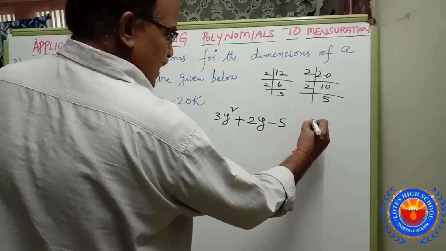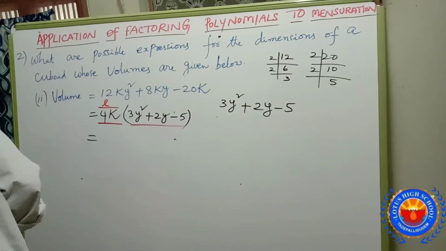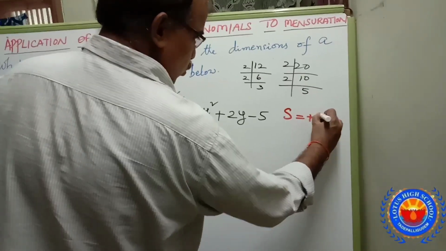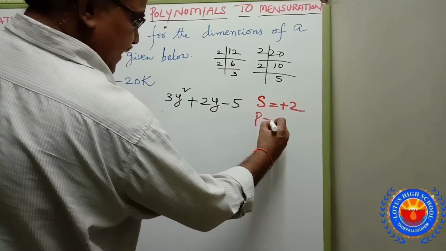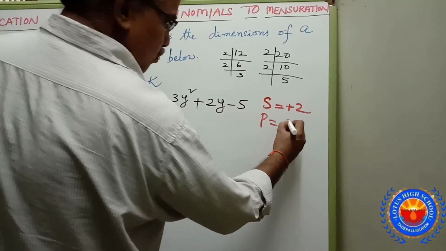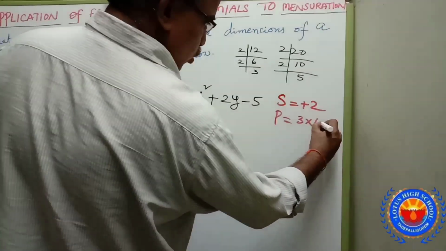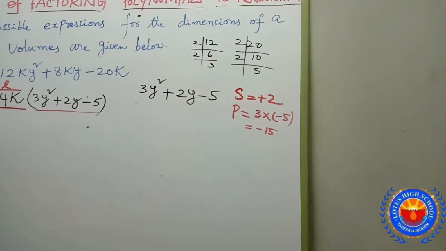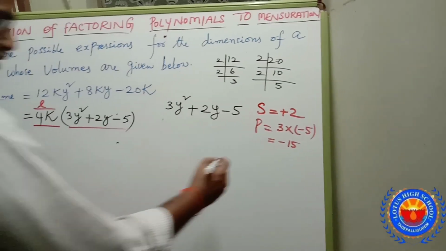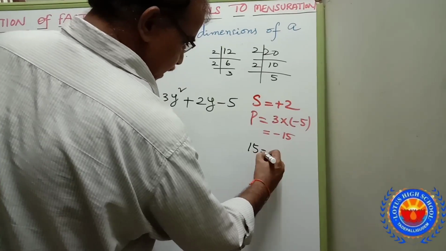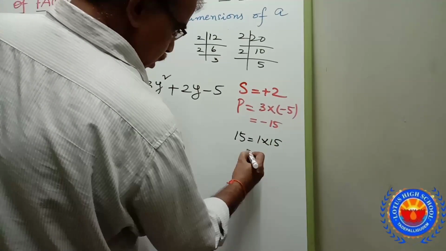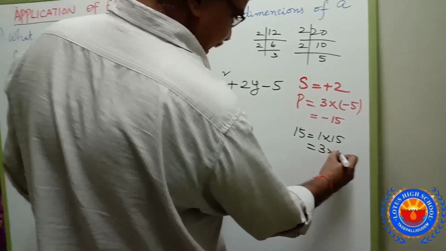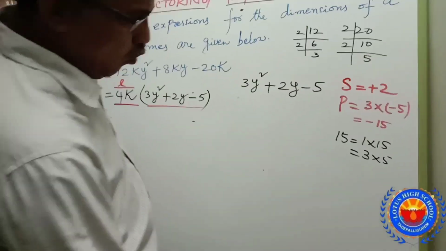Here the sum is equal to plus 2. The product is equal to 3 into minus 5, which is minus 15. Factorization of 15: 15 is equal to 1 into 15. 2 is not dividing; 3 will divide, 3 into 5.